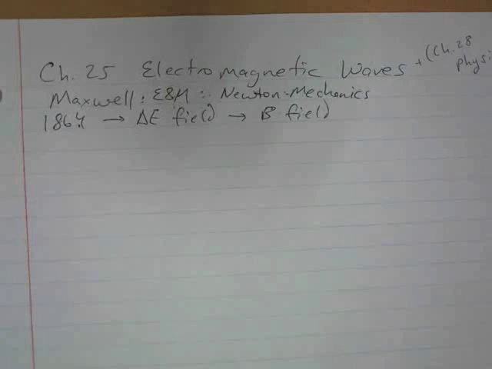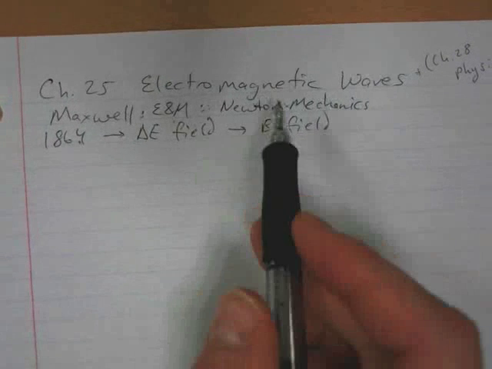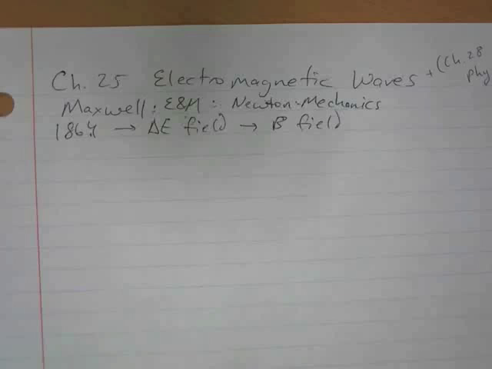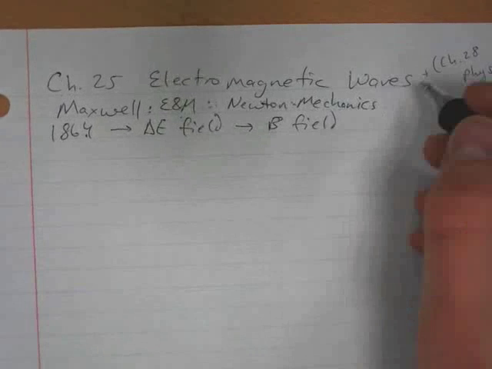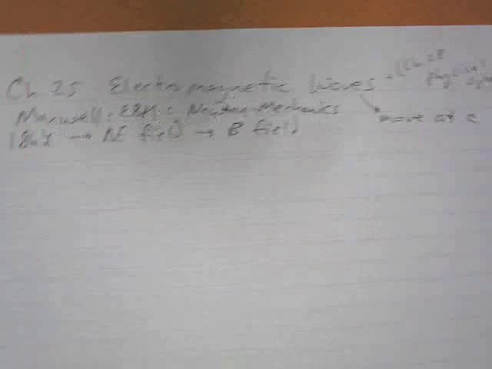So he theorized that a changing electric field would also cause a changing magnetic field. As he worked this out, he came up with the idea of electromagnetic waves, and through his math, he also discovered that electromagnetic waves would move at the speed of light.